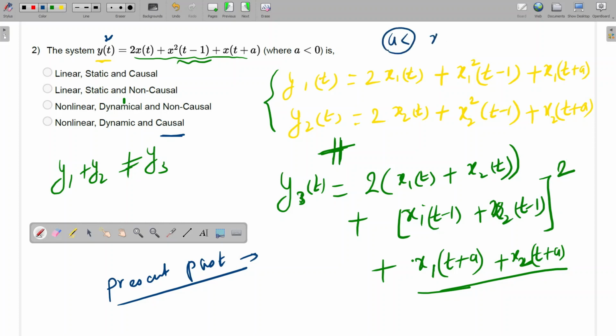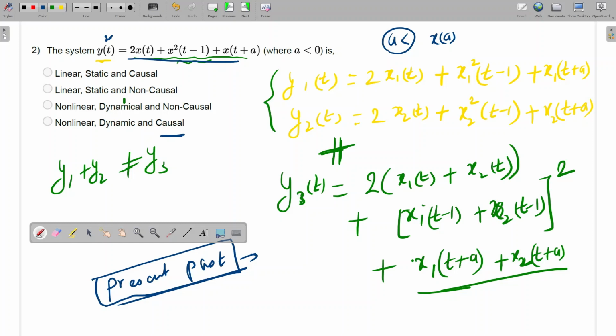So it means it will always depend on present and past. So we can say that the system is causal. Is it clear? Should I move to the next question?